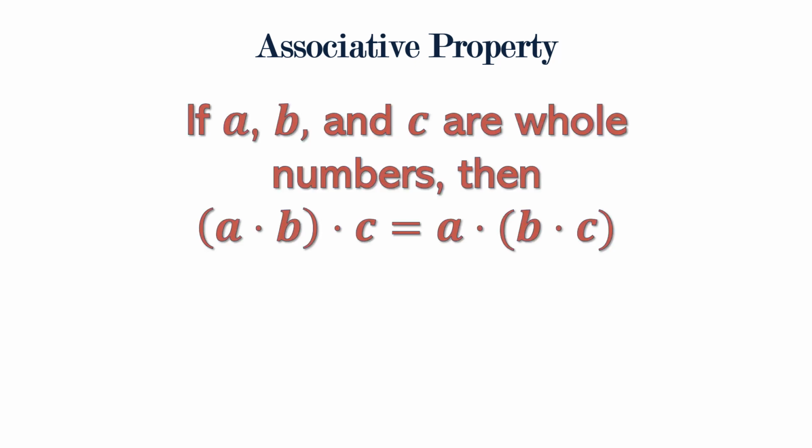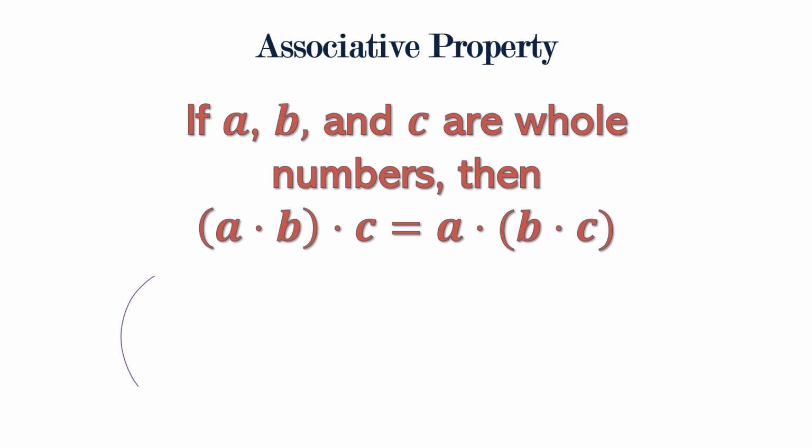All right, associative property has to do with grouping. The way I remembered this was that the people you associate with are your friend group. So you can group these any way you want. We have A times B times C. If you group A and B first, you're going to get the same answer as if you group B and C first.